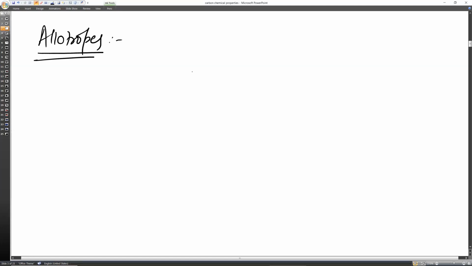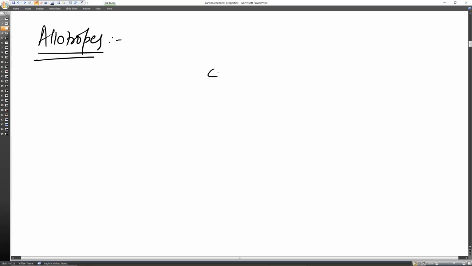Buckminsterfullerenes. So we will simply say that allotropes are the existence of an element in different forms in nature. If I'm talking about carbon, it exists in different forms in nature. And what is the difference between the different forms?